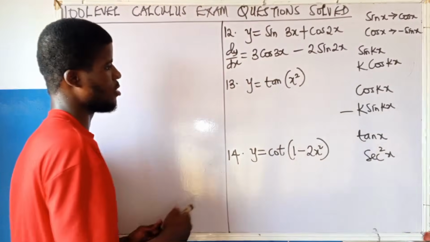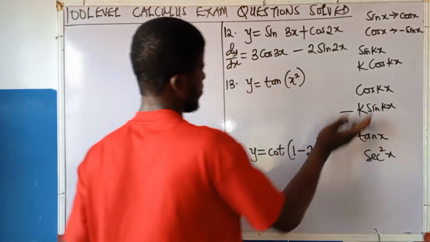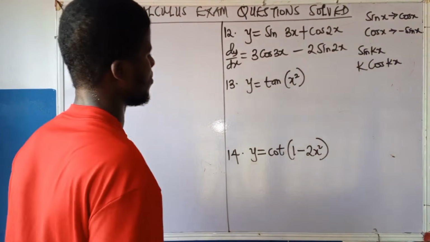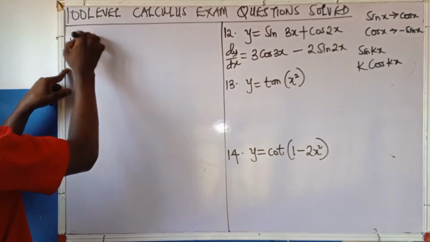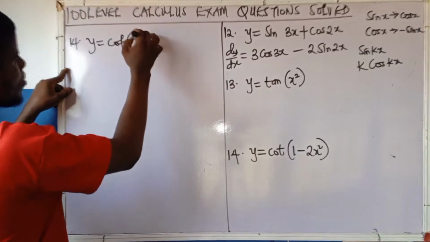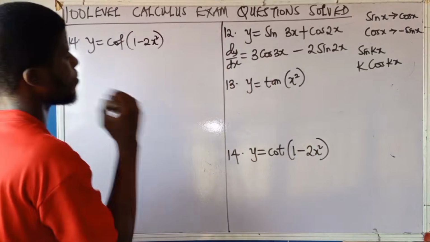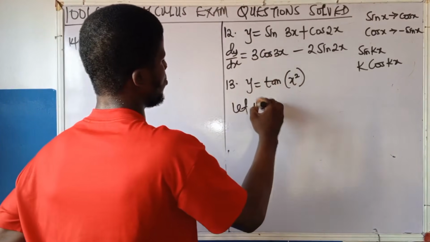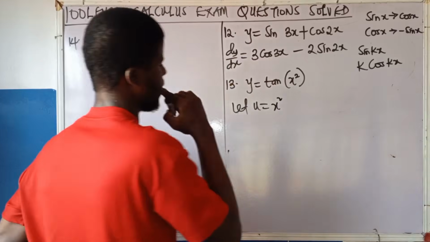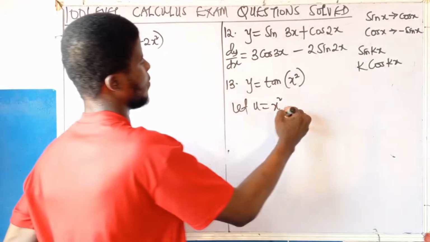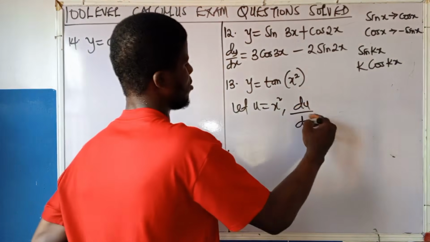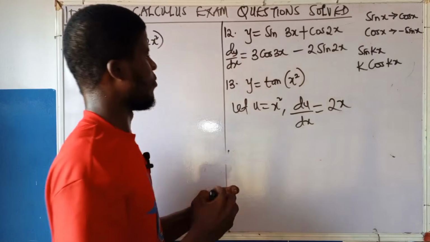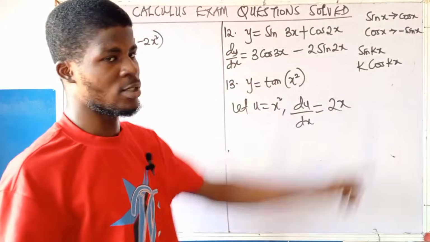So what happens here is this. In simple terms, I want to use the chain rule, and let me move this question here, question 14: y equals cot(1 minus 2x squared). I'll select u equal to x squared. Then I'll differentiate u with respect to x, du/dx. I'm going to get 2x, because if you differentiate x squared, you get 2x.